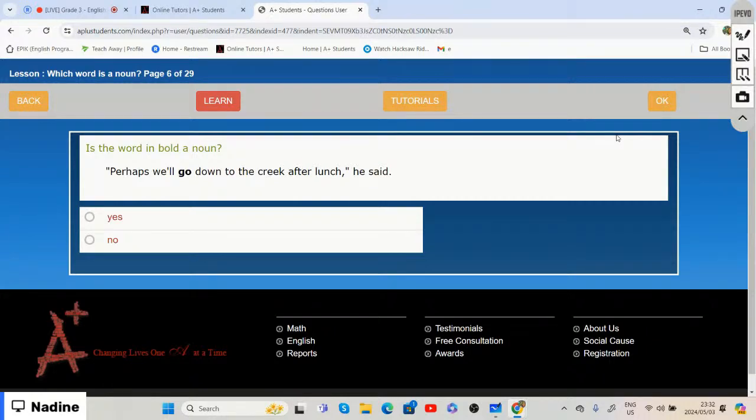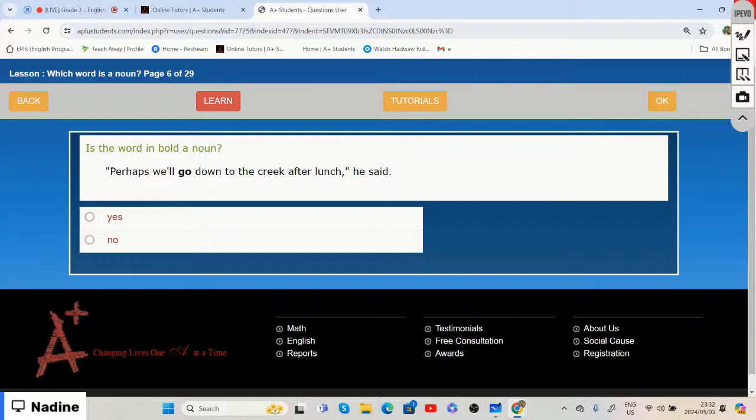Perhaps we'll go down to the creek after lunch. So now the word "go," is that word "go" a noun?